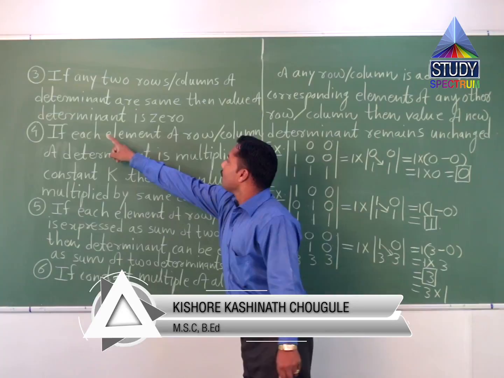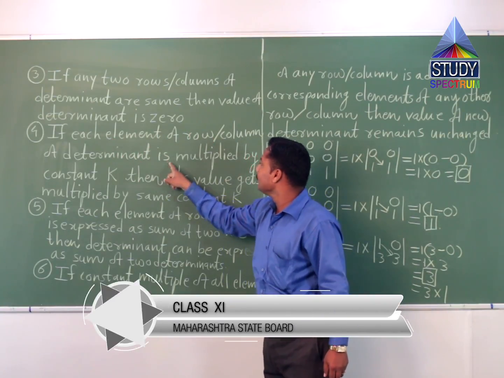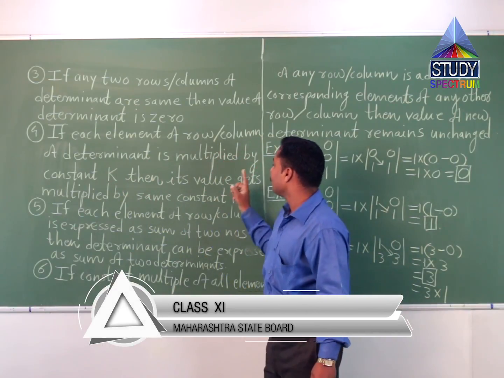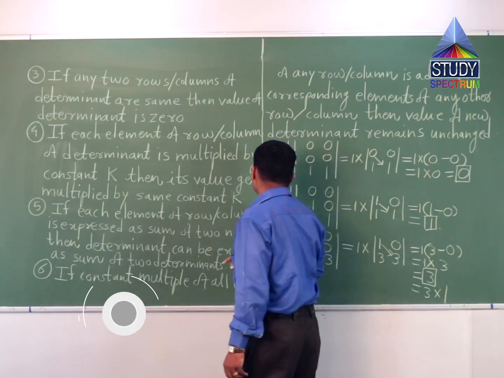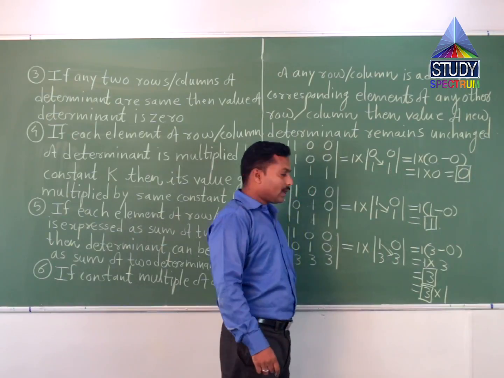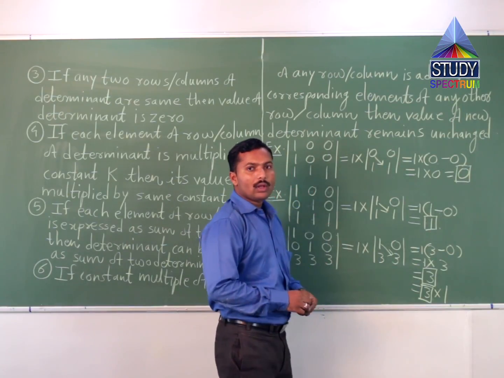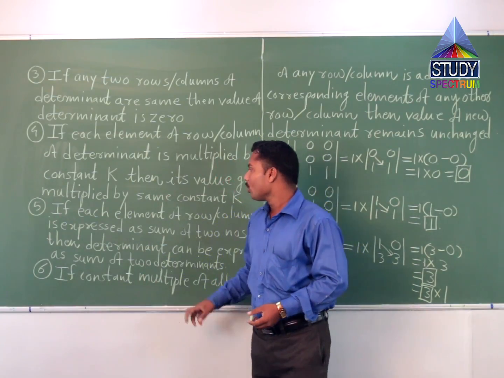If each element of any row or column of a determinant is multiplied by a constant k, then its value gets multiplied by the same constant k. So this is k, multiplied to this row.